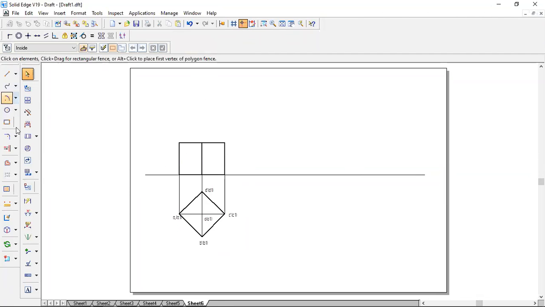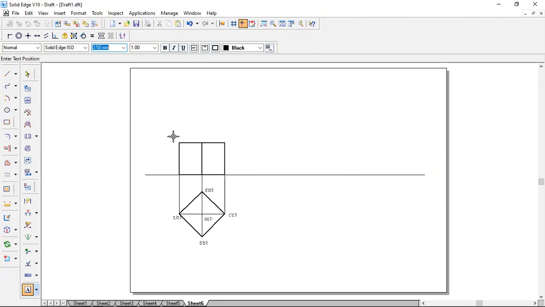Naming: this is going to be A dash, the top surface, and this is A1 dash, and this is B1 dash, comma D1 dash. D1 dash is not visible, so it is drawn in brackets.